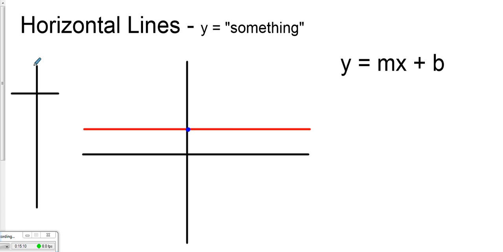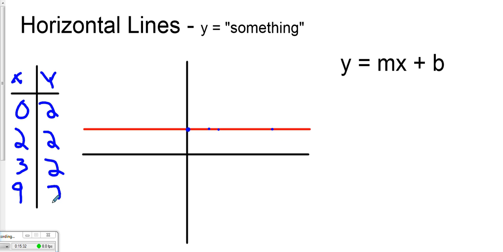right here. If we have an x and a y table, my x looks like it's 0, y is about 2. Go over here, my x is about 2, y is 2. Go one more, x is about 3, y is 2. Come way over here, x is about 9, y is still 2.